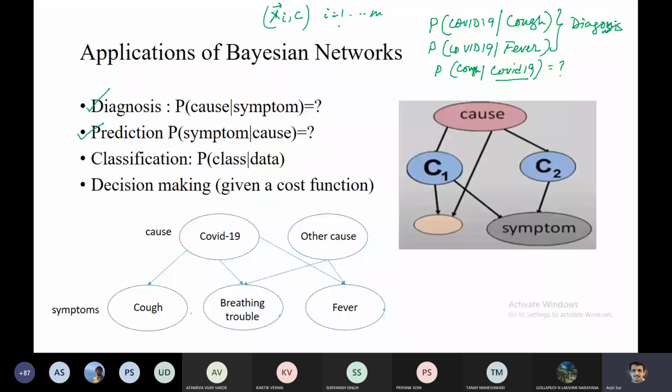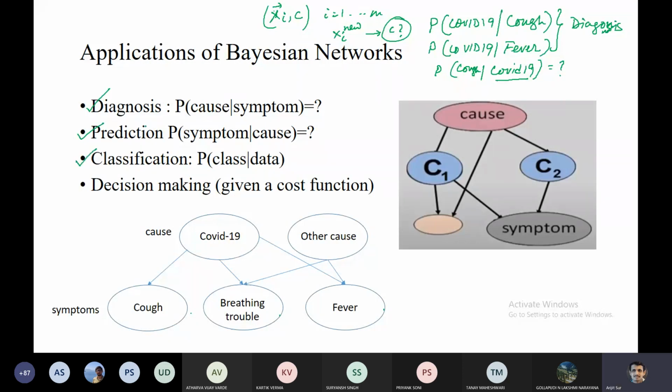So given this data, for a new x_new, can we find what is the class C? That is supervised classification, which also can be done with this Bayesian net.